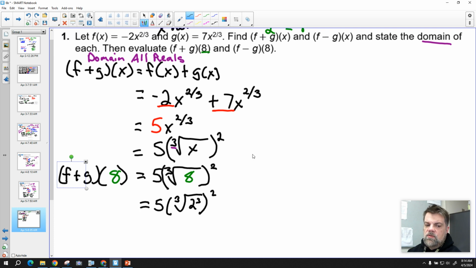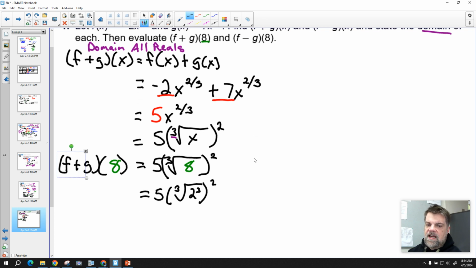Now remember, if you use please excuse my dear Aunt Sally, we have to deal with all the exponent stuff first. And you go from the innermost thing to the outermost thing. In other words, this 3 cancels with this 3. And so really what I'm left with is 5 times 2 squared. Well, what's 2 squared? 4, right?